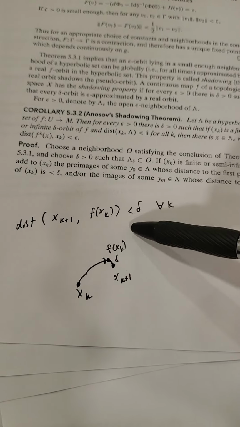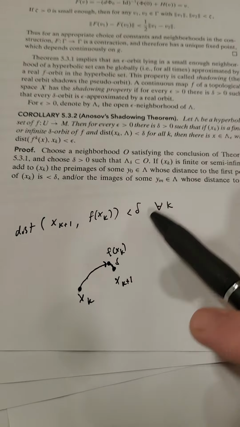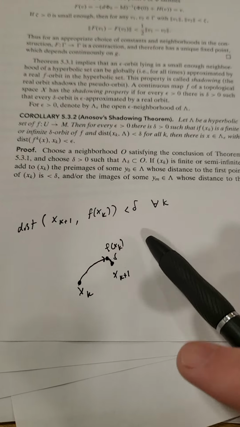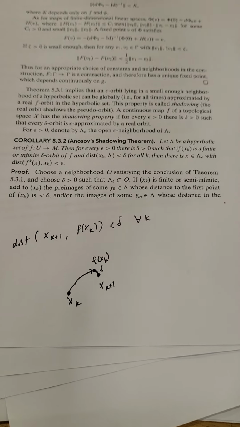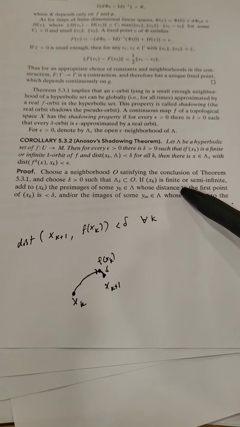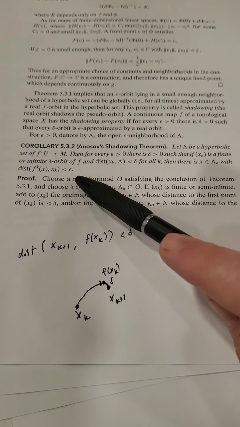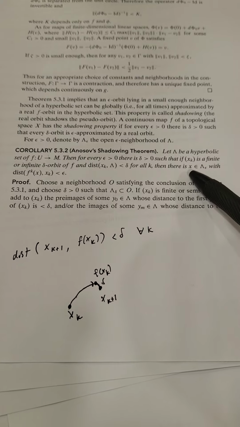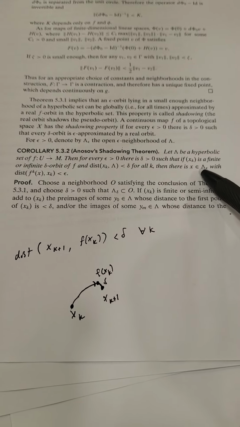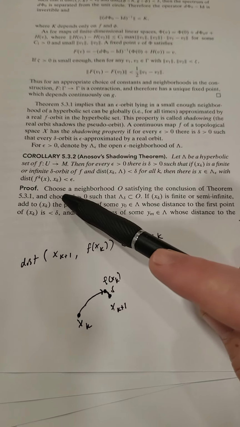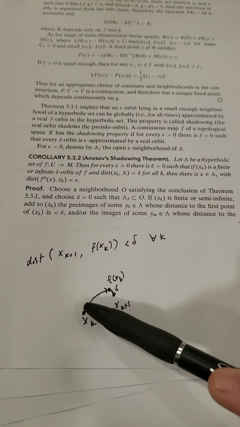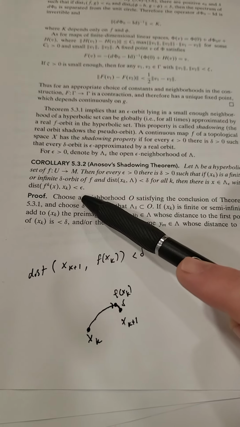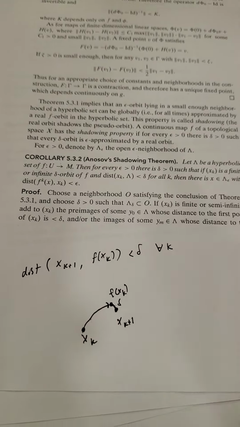This is easier to verify because it's stepwise, but then it turns out that for any of these delta orbits, we can actually find, in a hyperbolic set, a true orbit of some point in an epsilon neighborhood of this hyperbolic set, which is epsilon close to this delta orbit for all k.